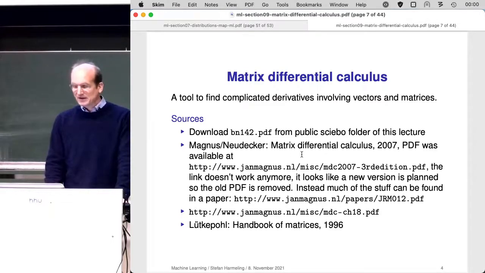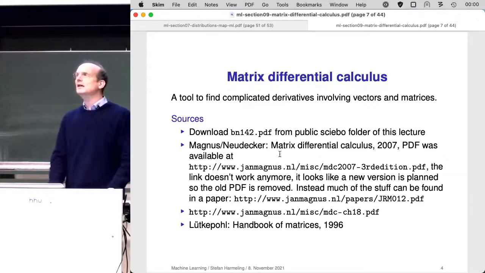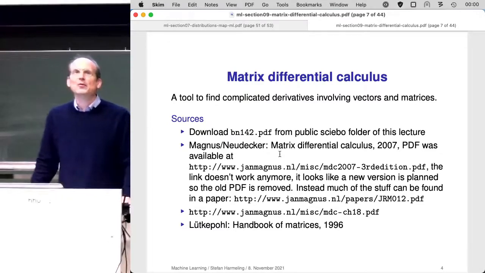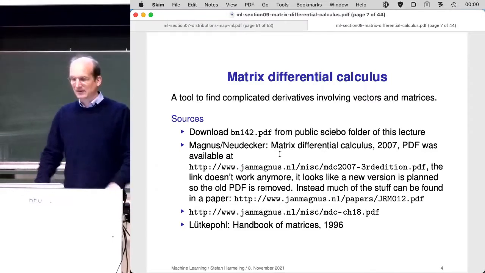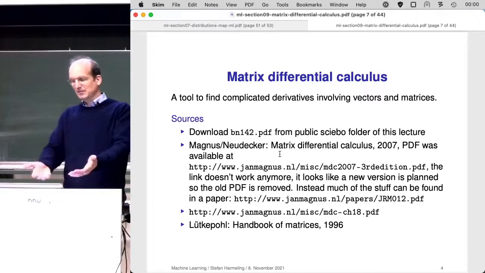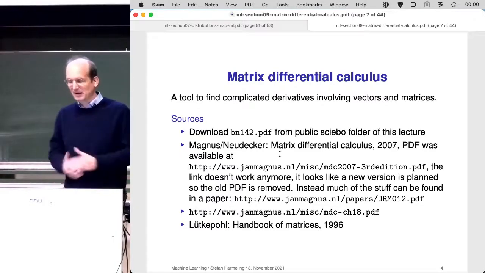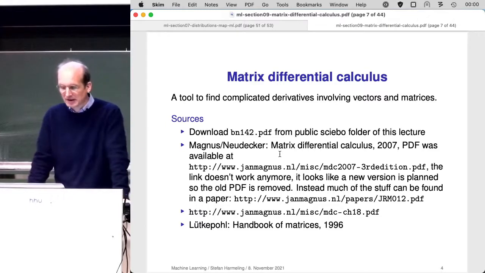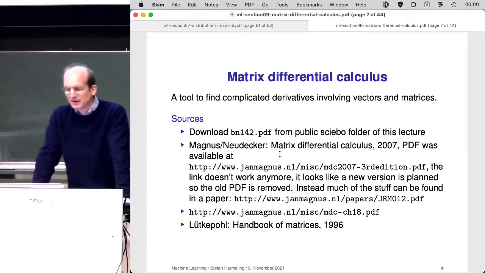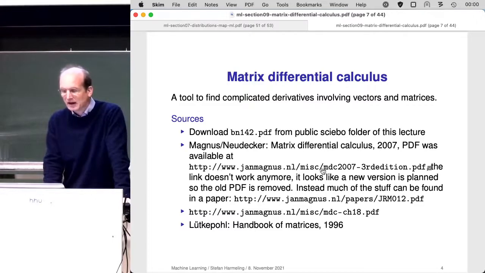Then there's a book from Magnus and Neudecker. Those are, I think, econometricians who were also suffering from deriving some derivatives. So they worked out all the details of this matrix differential calculus in a nice book from 2007. And the PDF was available at this location here.